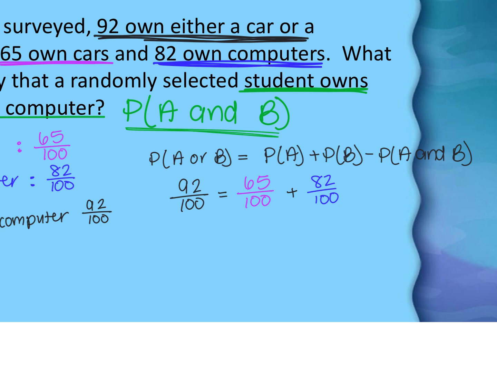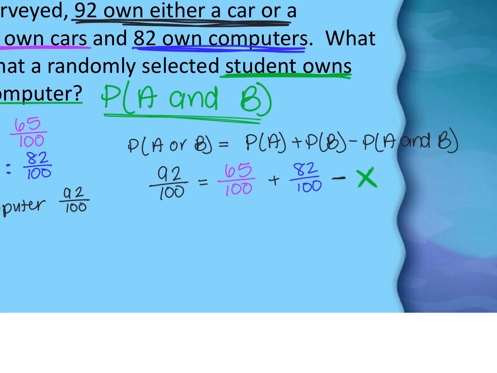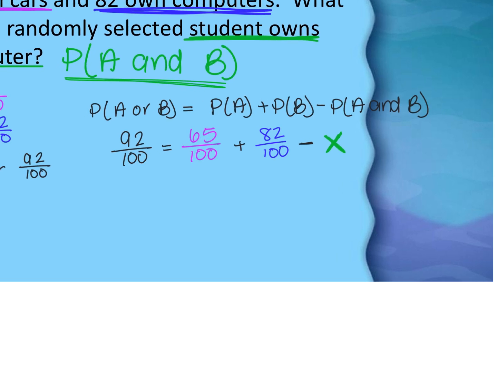And then this is minus, I don't know. That's what I'm trying to solve for. My overlap. I'm solving for my overlap. This just goes back to algebra, solving it algebraically. I'm going to first go ahead and combine what I have. 65 plus 82, that's going to give me 147 over 100.